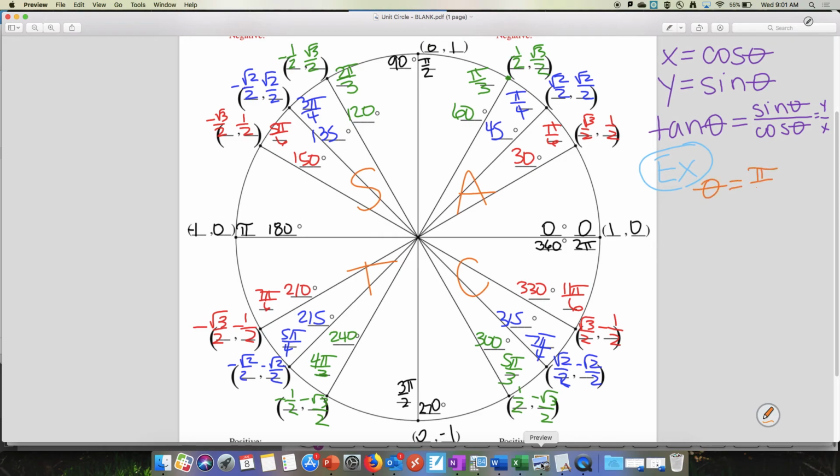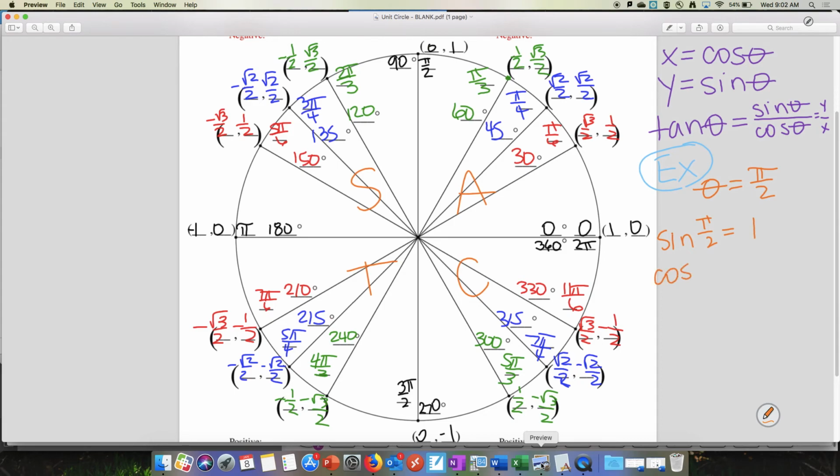I'm going to call it pi over 2, just so we get used to our radian measures. Here especially, we have to use the unit circle. There's no way for us to draw a triangle where we can do sine, cosine, and tangent. So look at the coordinate. Our sine ratio is the y coordinate.